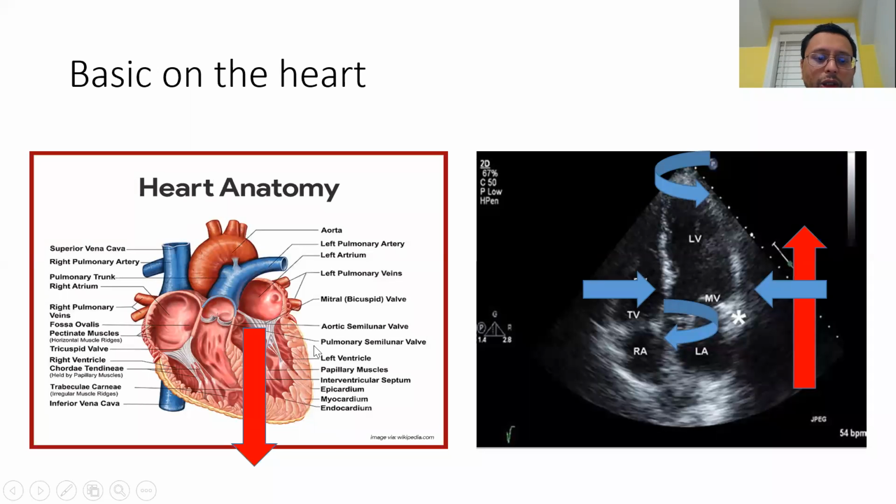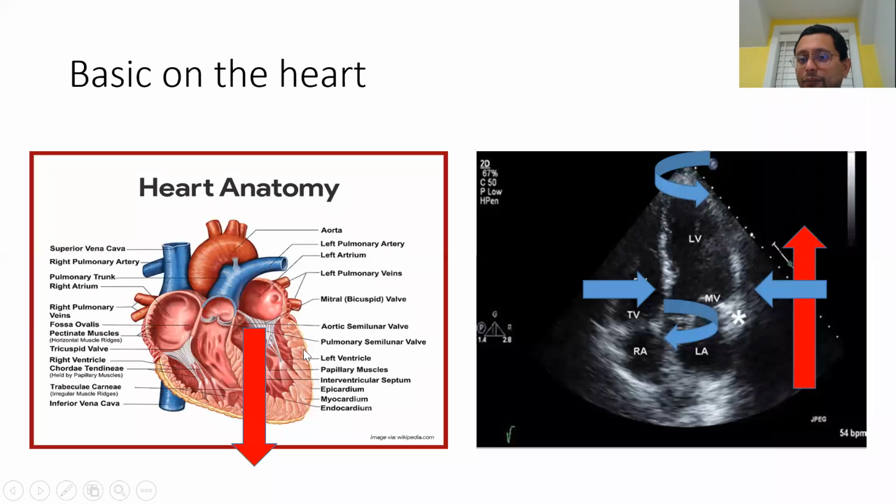The thing that I wanted to draw your attention to, if you look at the picture of the heart here, is that the left ventricle is thicker than the right ventricle. For the left ventricle wall, the normal thickness is between 6 to 9 millimeter for female, and between 6 to 10 millimeter for male.